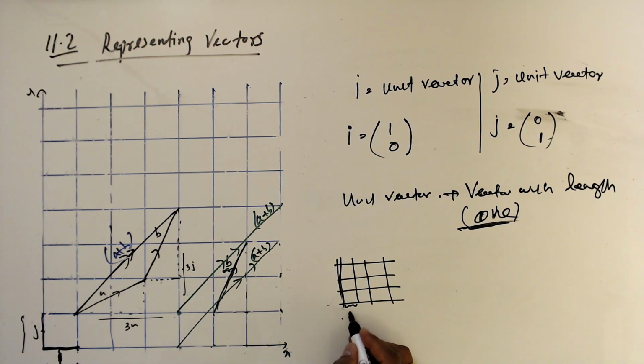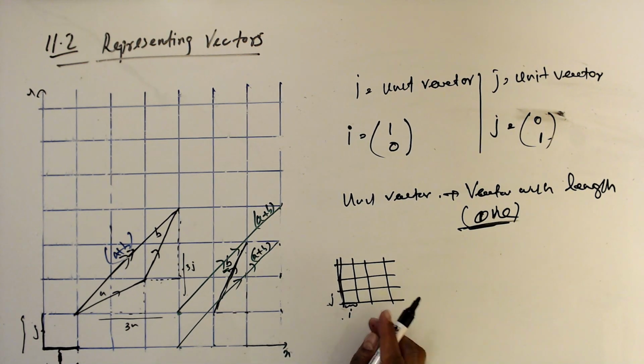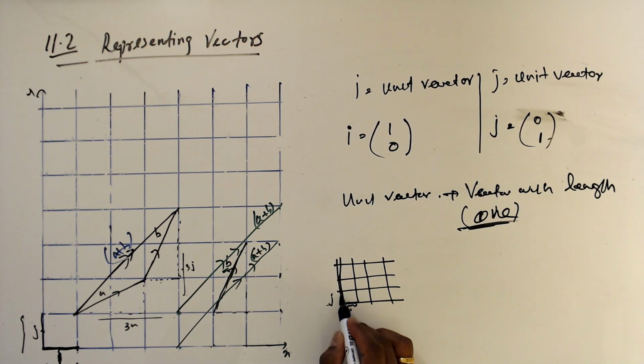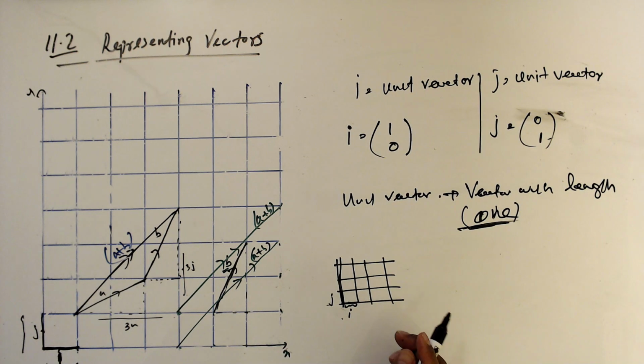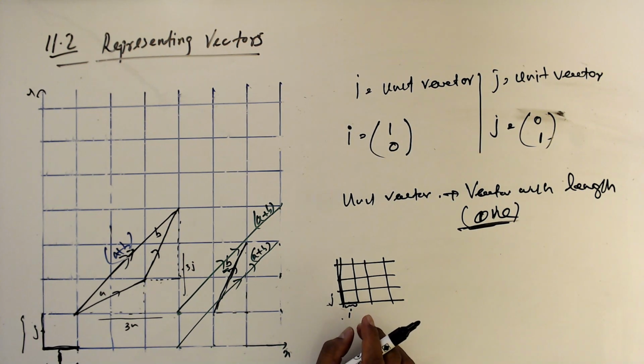But here, this is one length. This is also one length, this is also one length. But this length is much bigger and that length is a bit smaller, depending on the unit you are using.